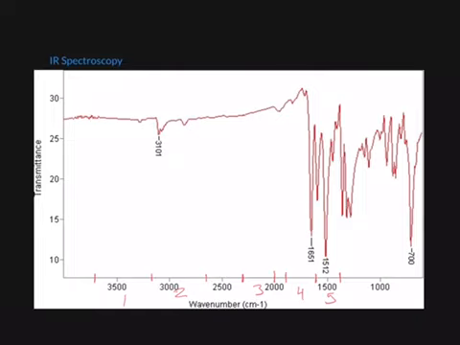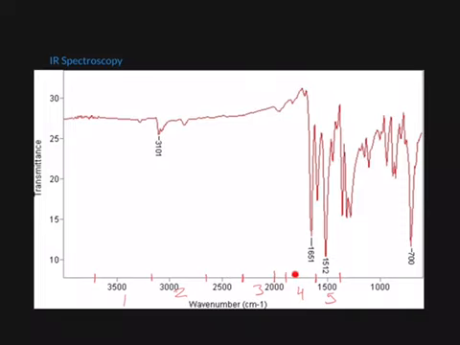So for infrared spectroscopy, we need to start by identifying the 5 different zones. I've laid them out here, and we start off with zone 1, which goes from about 3700 to 3200. Zone 2 is 3200 to 2700. Zone 3 is 2300 to 2000.